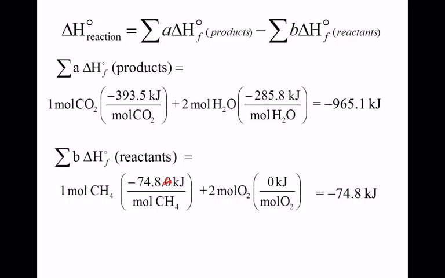So that math is pretty easy. So on the reactant side, we have a negative 74.8 kilojoules.